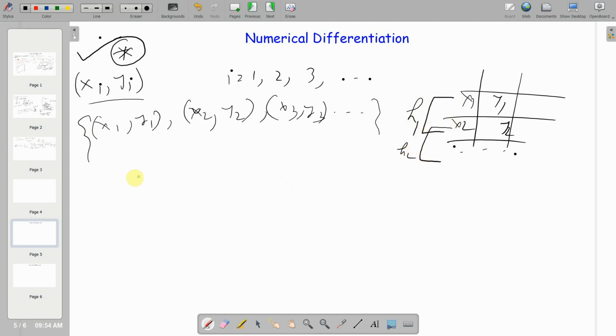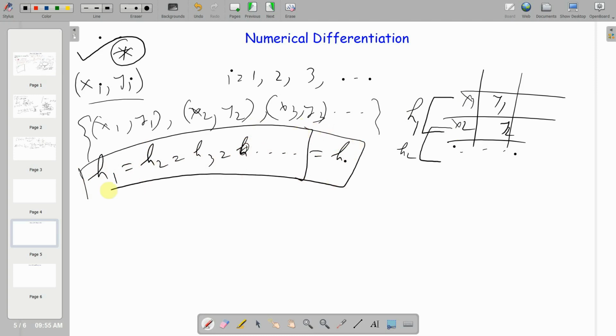If xi are equispaced, that means h1 equals h2 equals h3 equals h. The differences between the points are equal. Suppose the points are 1, 2, 3, then h equals 1 in this example.